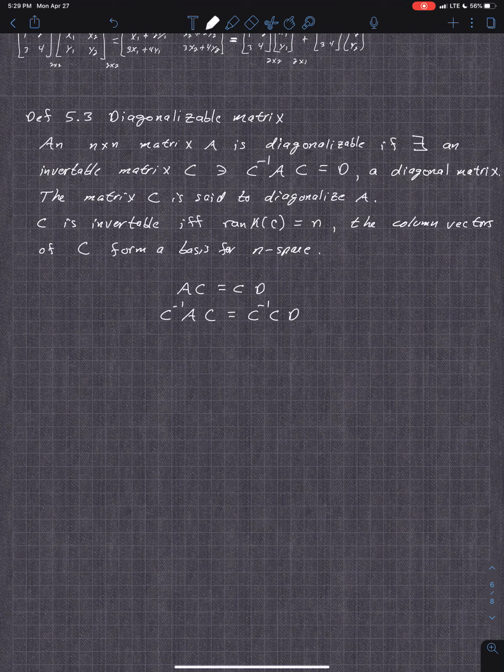That's basically I. So you get C inverse A C is equal to D, and D is that diagonal matrix. So if you can decompose a matrix in this form and get D, then the matrix D is much easier to work with, and you can operate on D instead of A itself. So there are a lot of advantages to that.